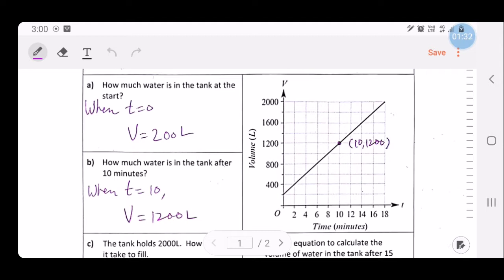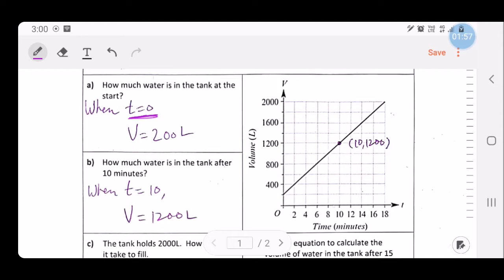Well, at the start, quite often that confuses people. And typically a student might read that question and think, how am I supposed to know how much water is in the tank at the start when I'm not given any kind of figures in the question? Well, you are given a figure. You're given the figure when t equals 0. Think about it. How much water is in the tank at the start, okay?